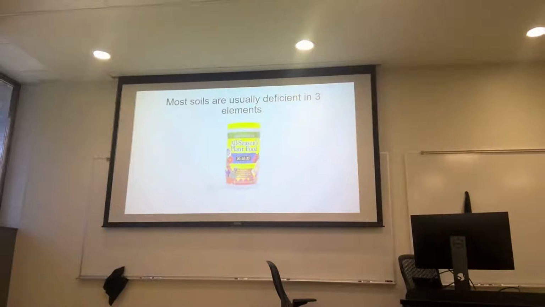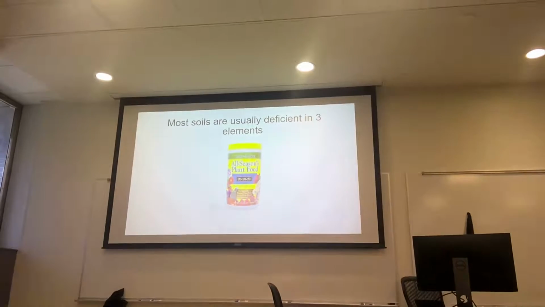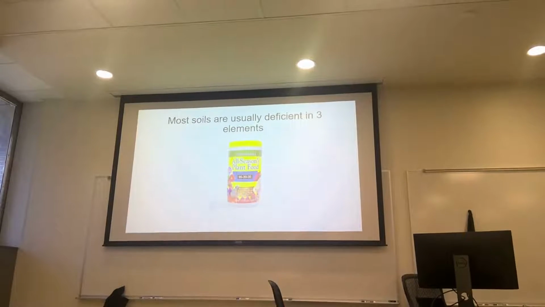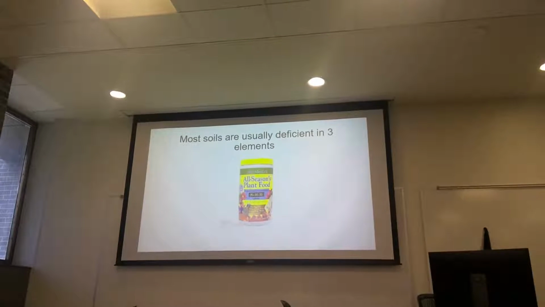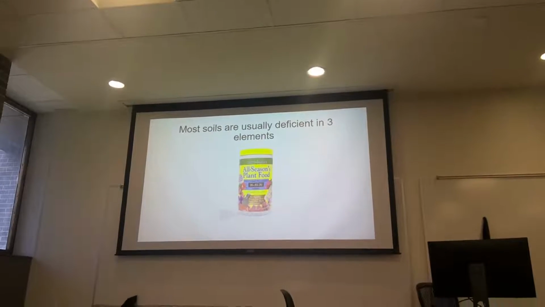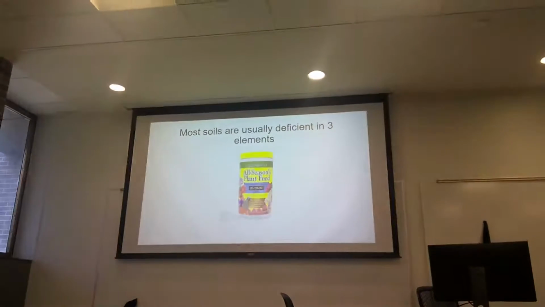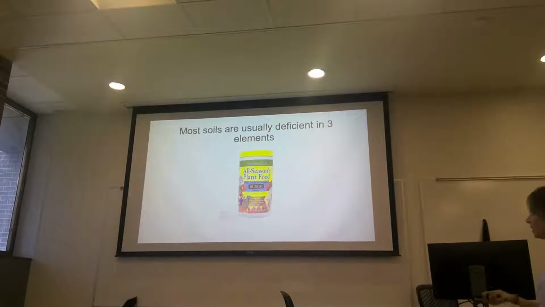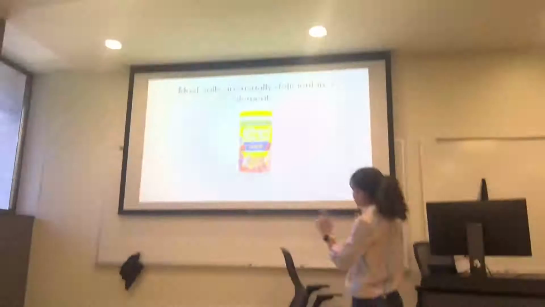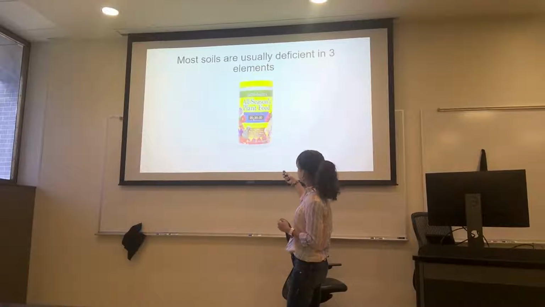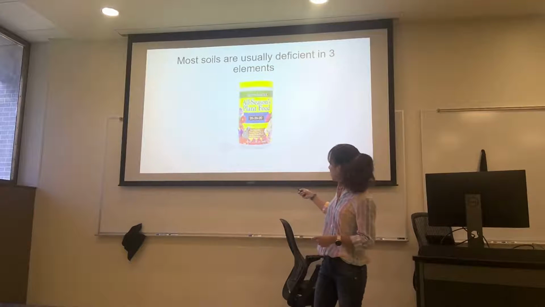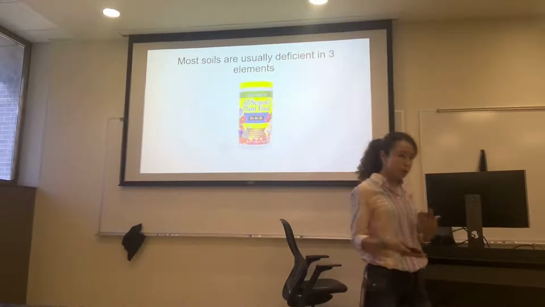Okay, so now that we're talking about minerals and nutrients and all of that, we briefly talked about fertilizers last class. And we talked about how most soils are usually given 3 elements. And those 3 elements are the ones that you find in our regular, very traditional fertilizer. And this is going to be NPK, so these values are going to be the proportion.